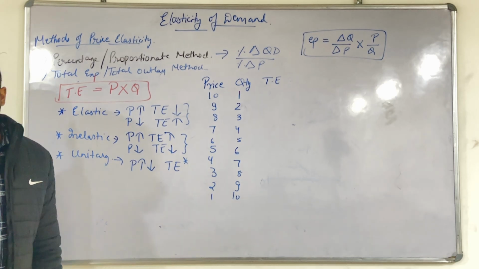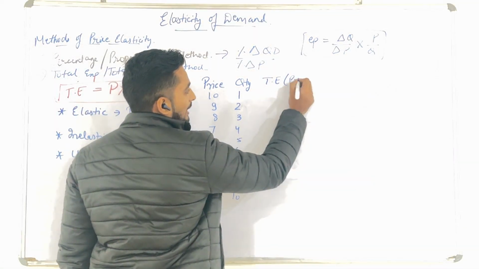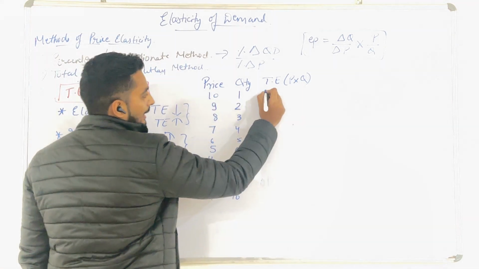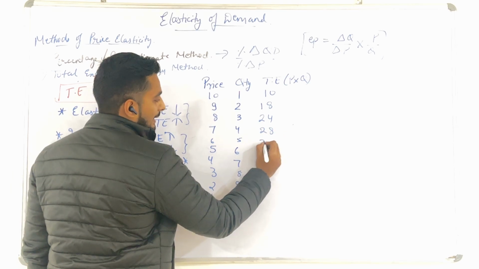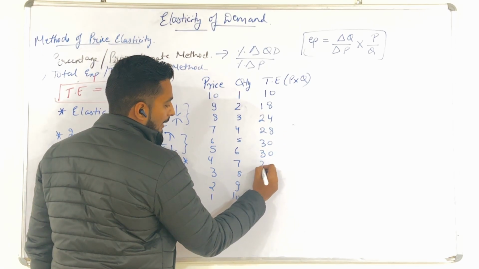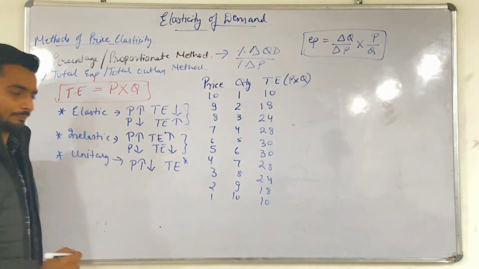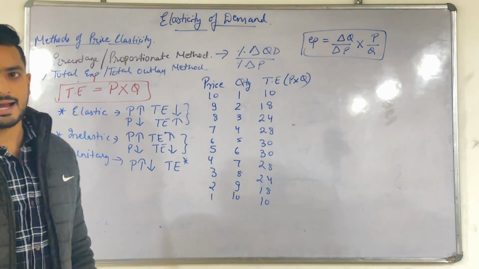Now we have to calculate total expenditure. Formula of total expenditure is P into Q, price into quantity: 10 into 1, 10, 9 into 2, 18, 24, 28, 30, 30, 28, 24, 18, 10.